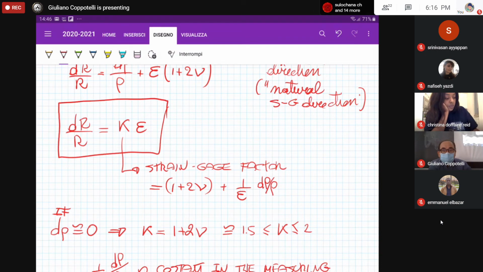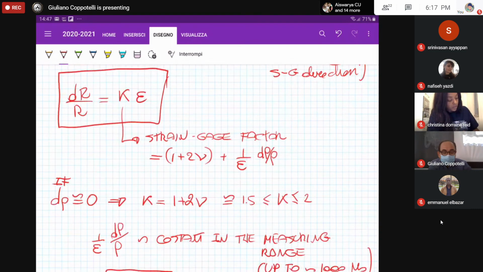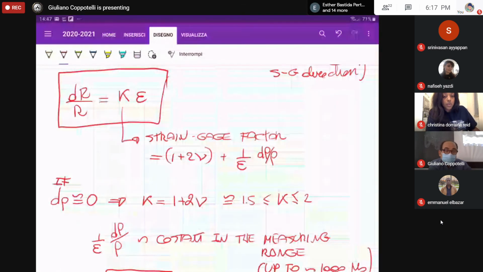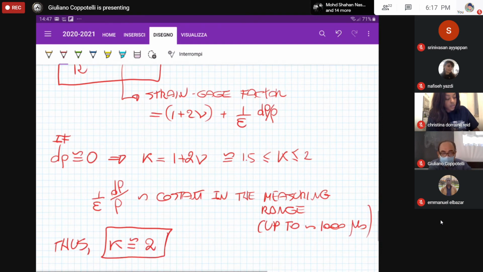This is true in principle, but in the typical measuring range of about 1000 microstrain, the change of resistivity compensates the actual strain, so that the strain gauge factor is constant, and its value is about 2.